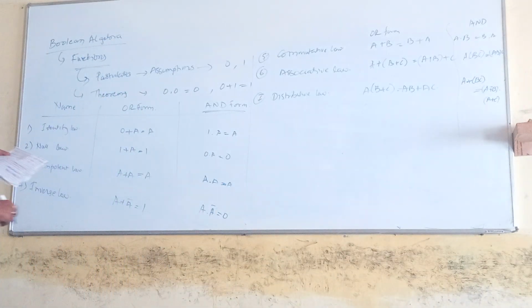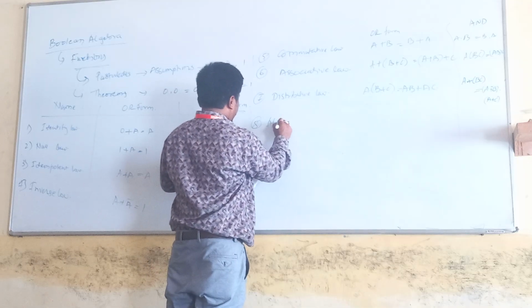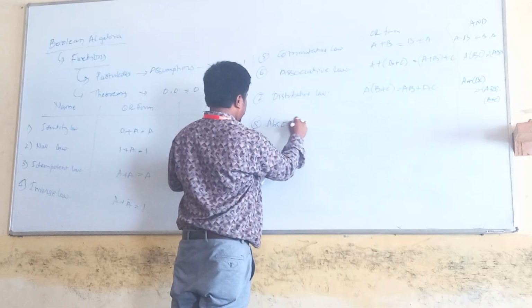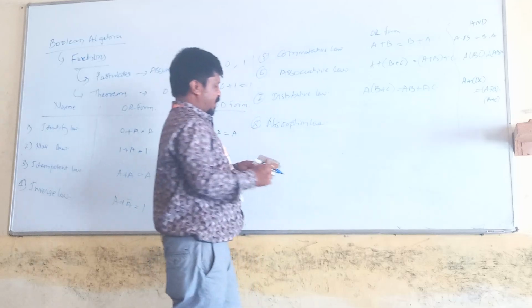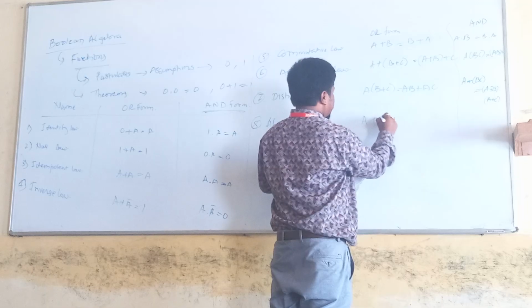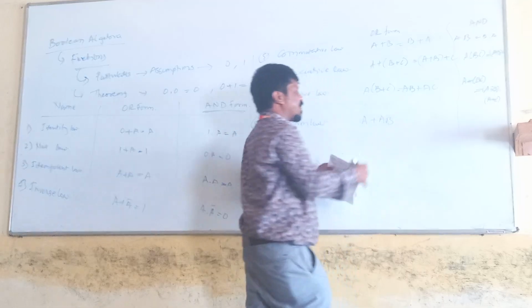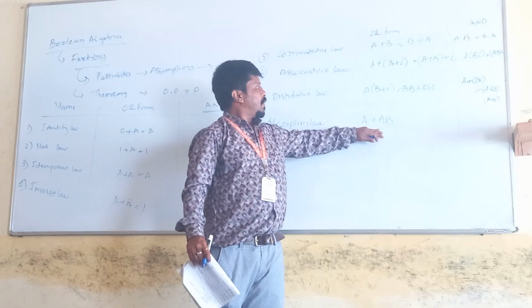Next, absorption law. What is the absorption law? It is nothing but a plus a b. I will be using this part rigorously in the coming classes, so just remember a plus a b.